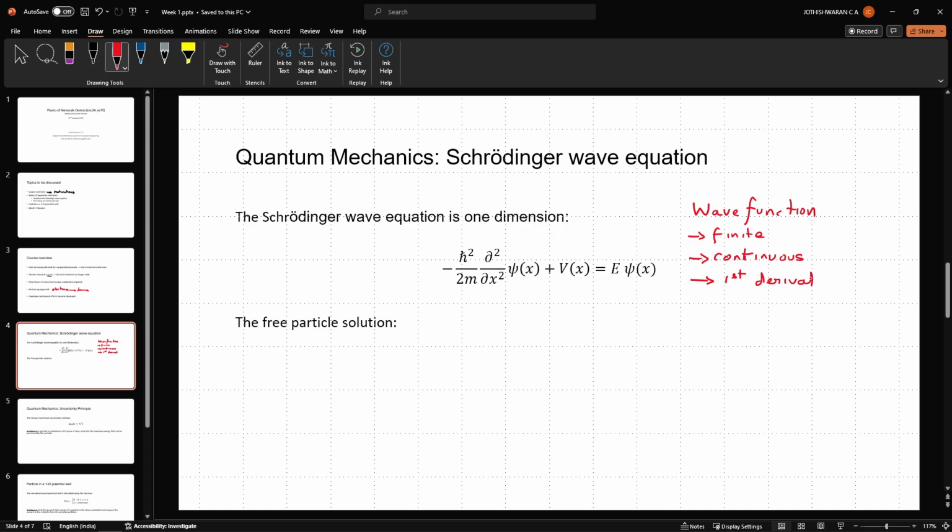This is not always true, but in most examples that we shall consider, this rule is applicable. So these are the three properties it is supposed to obey. In general, psi of x for a one-dimensional system is a function that goes from the set of real numbers to the space of complex numbers. So this is a complex valued function.